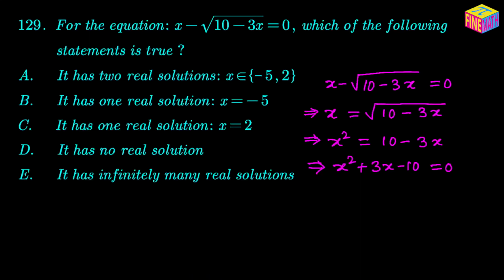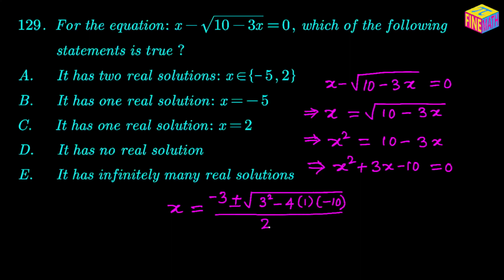And from here, if we use the quadratic formula, what would be the value of x? Well, x would be equal to negative b, which is 3, so negative 3, plus or minus square root of b squared minus 4 times ac. So b squared will be 3 squared minus 4 times a, which is positive 1, and c is negative 10, and the whole thing divided by 2 times a, that is 2 times positive 1.